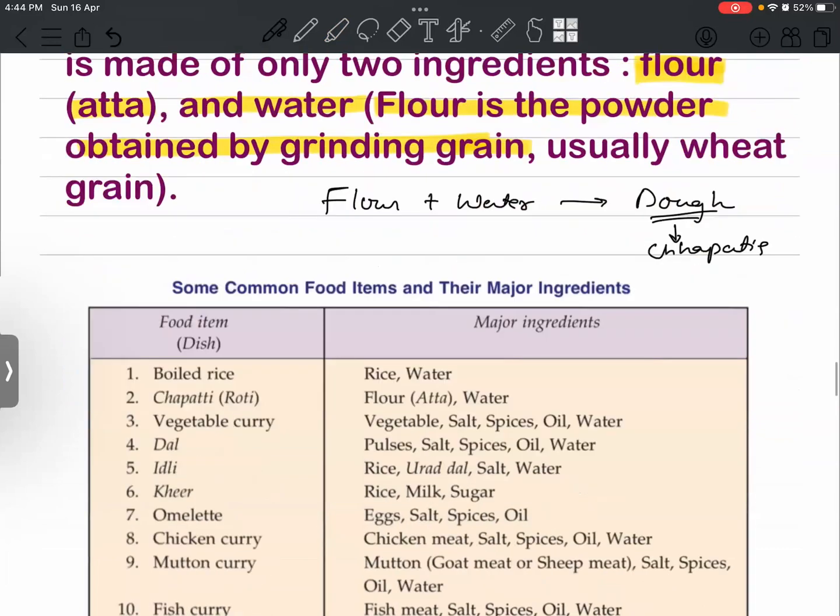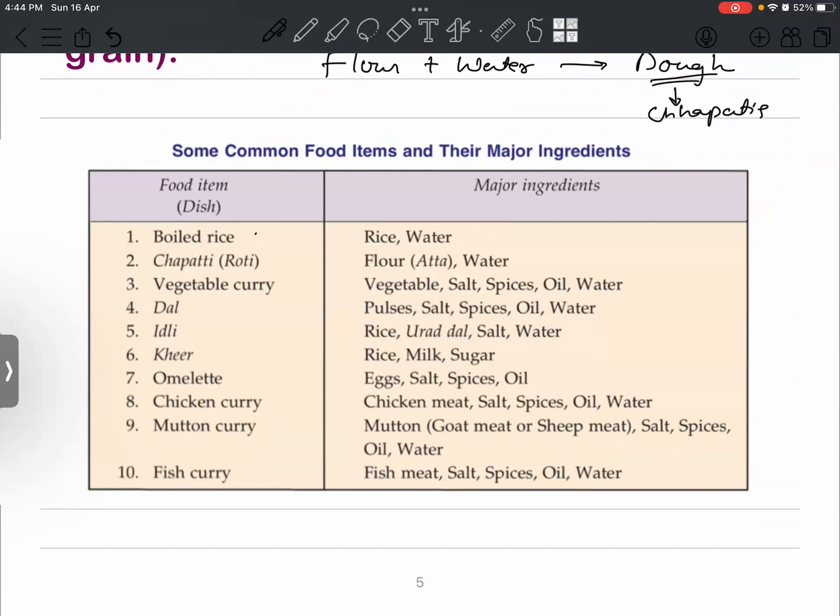Now here I have taken a table. There are a few foods and their ingredients mentioned here. Notice that there are two foods here which contain only two ingredients. What are they?